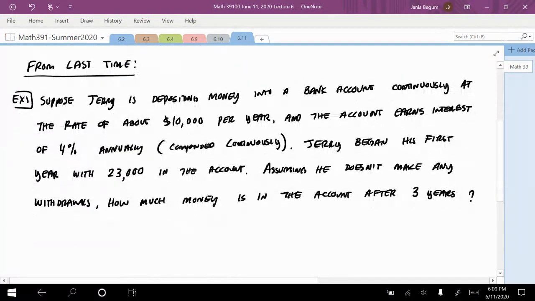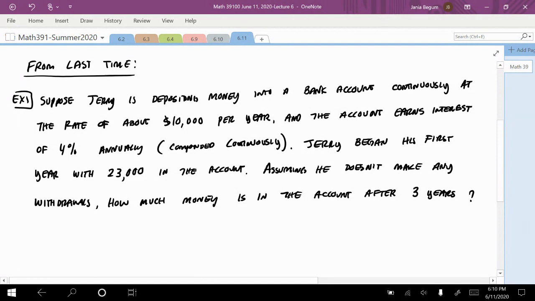Jerry is depositing money into an account continuously at the rate of about 10,000 per year, and the account earns interest of 4% annually, and it is compounded continuously. So we will be using the exponential growth. Jerry begins his first year with 23,000 in the account. Assuming that he doesn't make any withdrawals, how much money is in the account after 3 years?